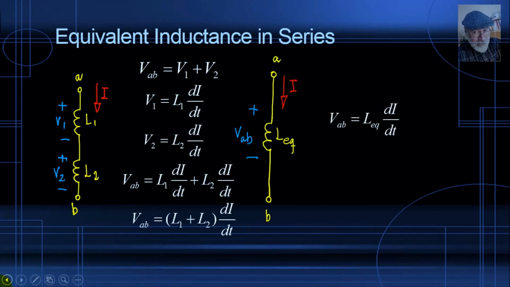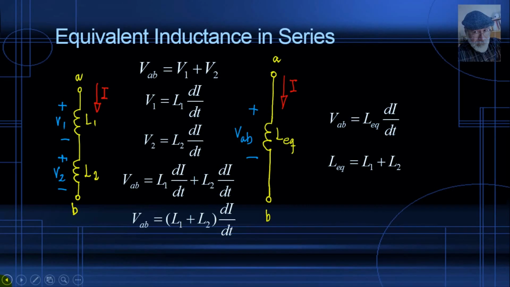VAB is LEQ di/dt. When you compare that expression to the one at the bottom on the left, you say LEQ has to be equal to the parenthesis on the left. LEQ is the sum of L1 and L2, which is what we wanted to demonstrate.